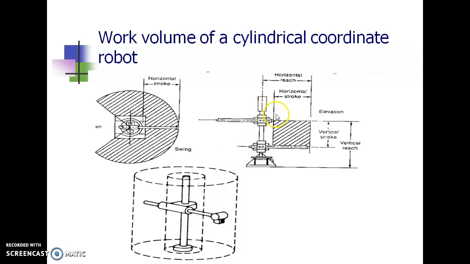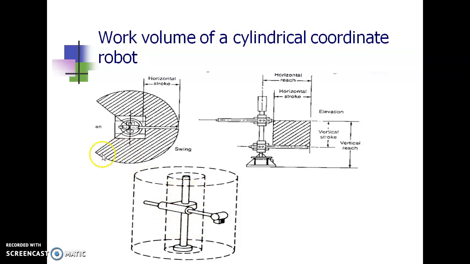And then the vertical stroke: the slide can move up and down in the column. That is what we call the vertical stroke. And this entire column can rotate, but the column cannot rotate 360 degrees.